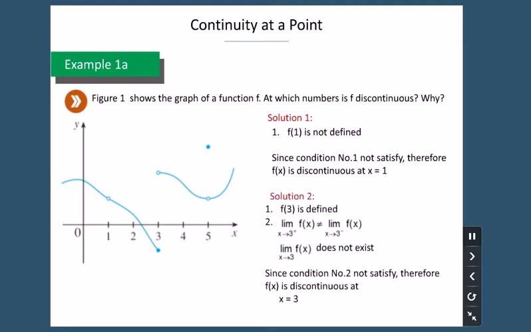Solution 2. f(3) is defined, but the limit does not exist. Since condition number 2 is not satisfied, therefore f(x) is discontinuous at x equals 3.